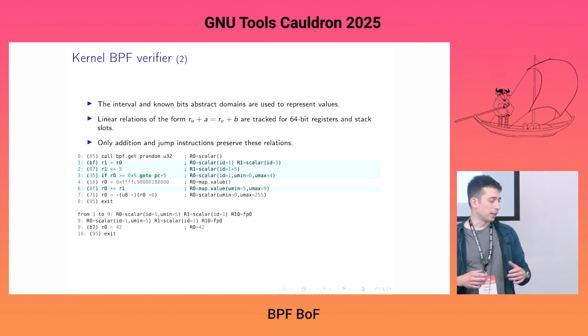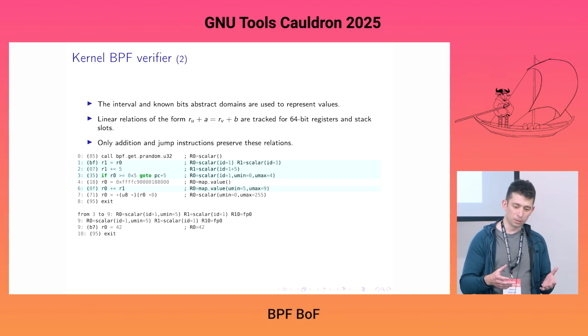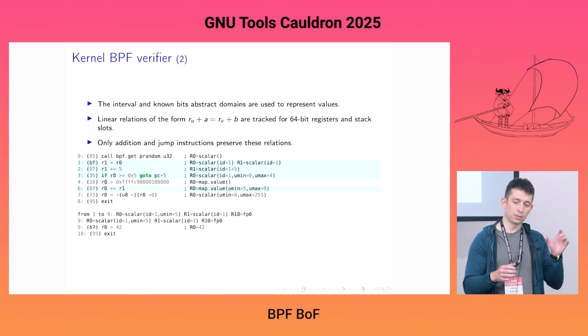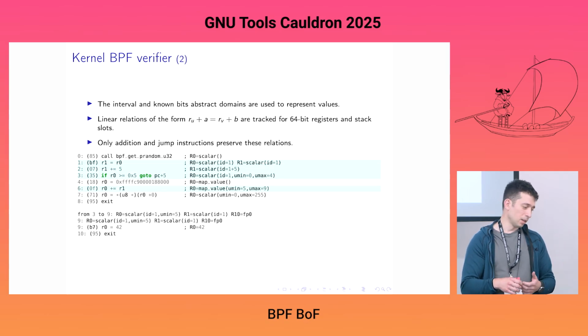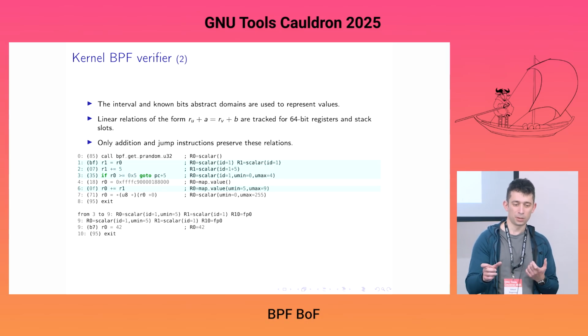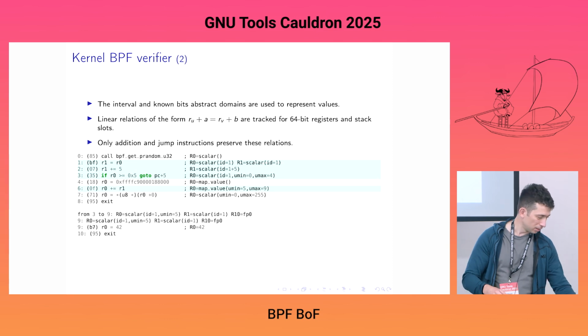To track values, it uses two domains, the interval domain and the known bits domain. And it can track simple linear relations between registers, where a register means either a register or a register which is currently a stack spill. If you have constants added to registers, those registers are linked somehow.